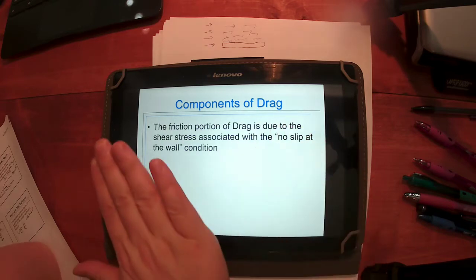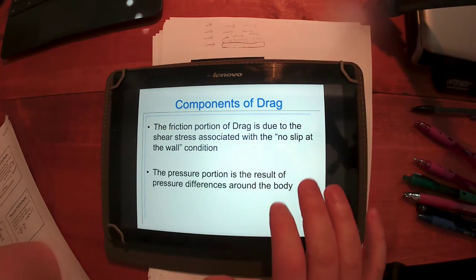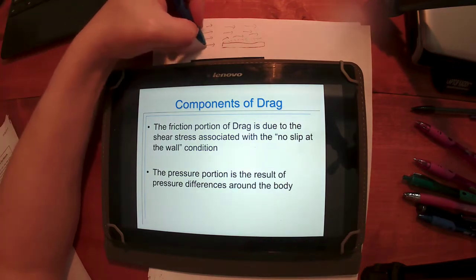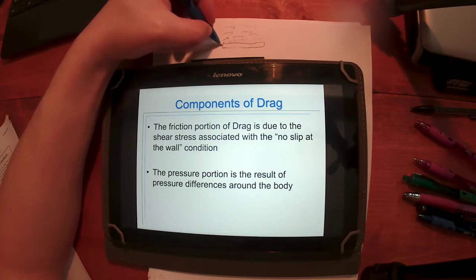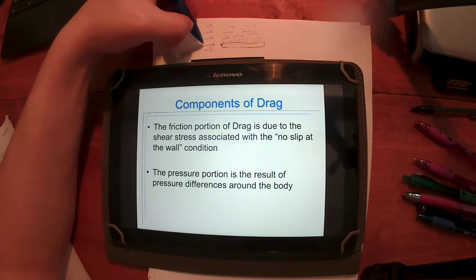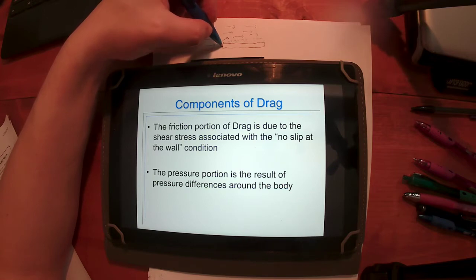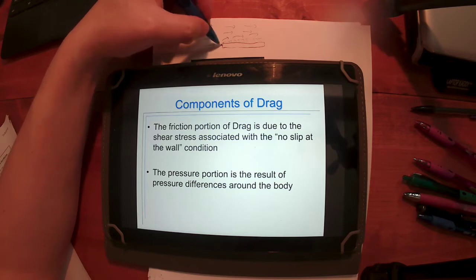So the friction force, again, is the flowing over the surface. The pressure portion is where the fluid is moving along, and some of that fluid gets stuck right here, right? So if I've got speed here, at the same elevation I've got no speed. We talked about pitot tubes earlier in the class. We said that when there's a change in speed and there's no change in elevation, that kinetic energy has to go somewhere.